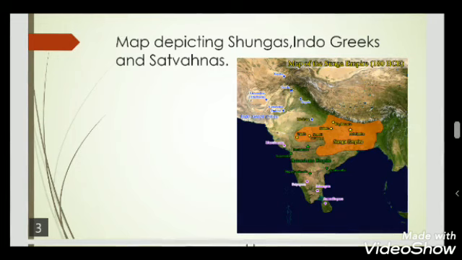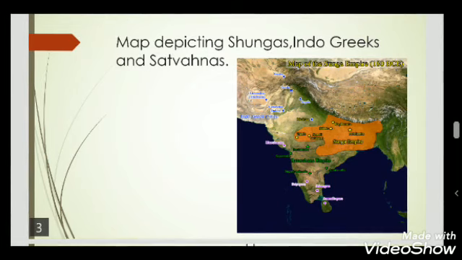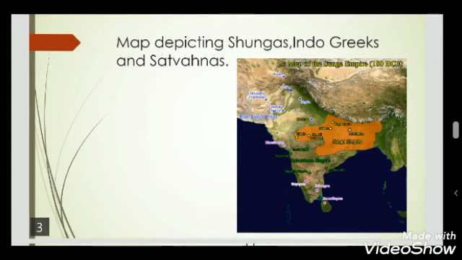This Shunga dynasty is not reigning over a large empire like the Mauryas did. It is basically confined to the Magadh region, Uttar Pradesh and Madhya Pradesh. But the Mauryan Empire covered a vast stretch of territory.